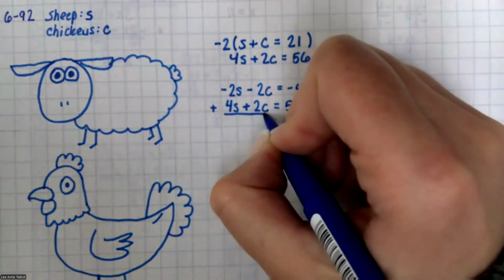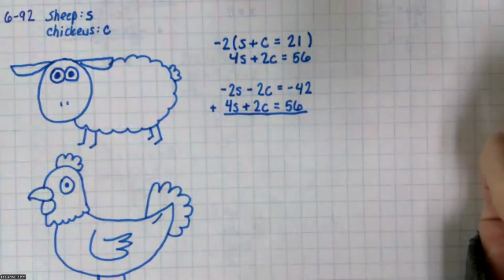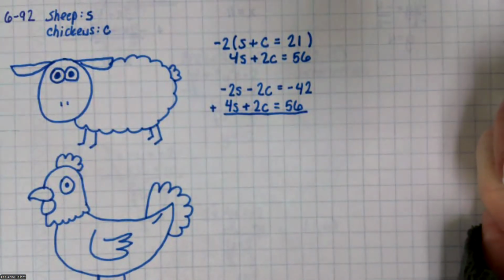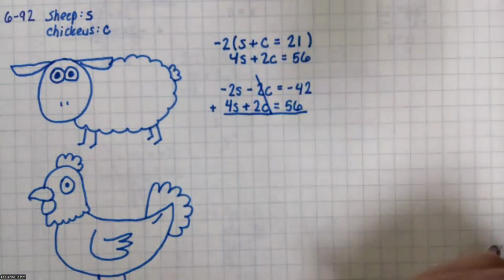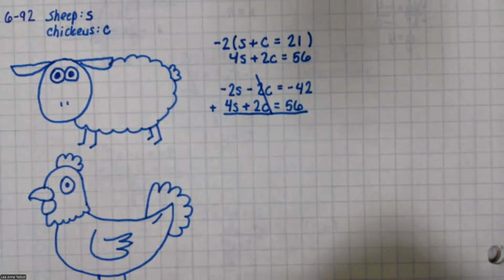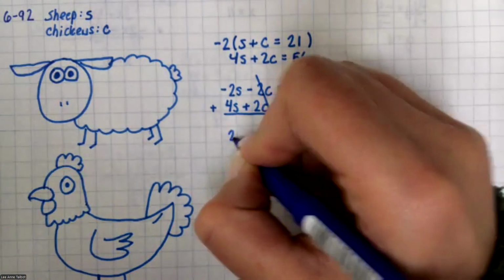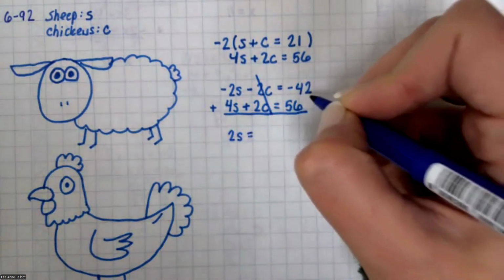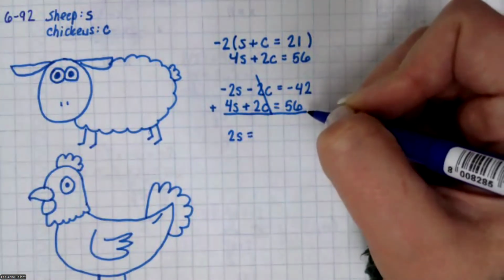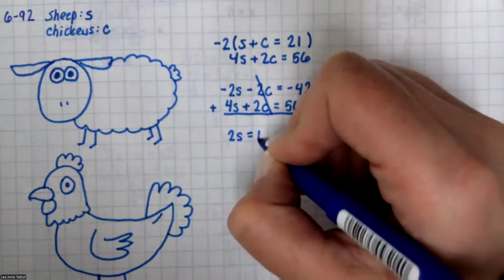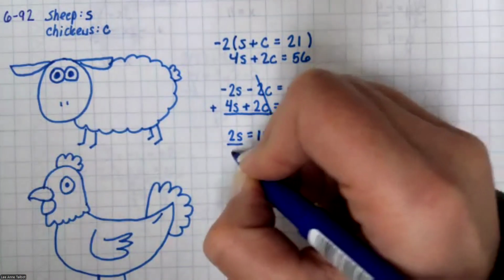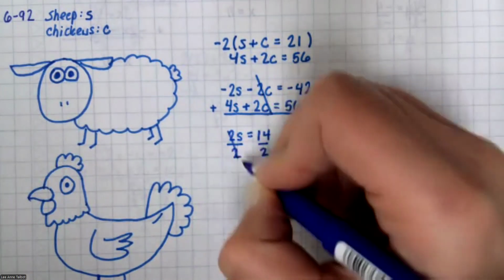And then it's turned into a level 1 problem where I can add. So -2 plus 4 is +2 sheep equals, what is that, 14? Yep. 7 sheep.